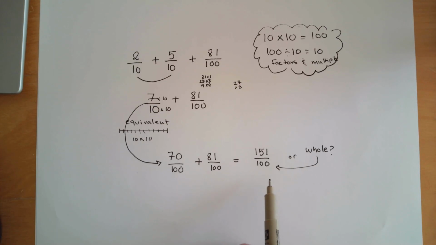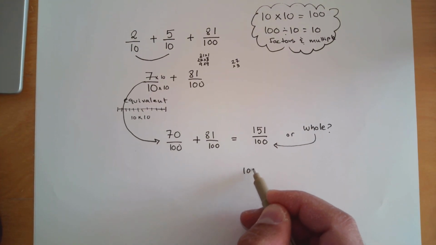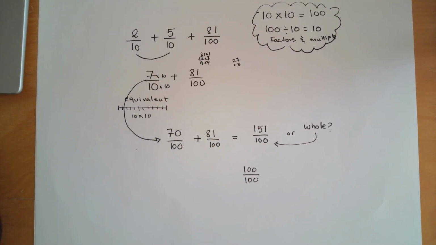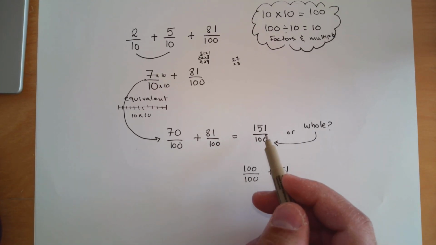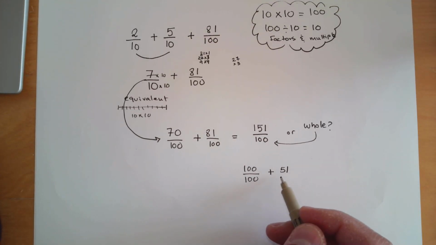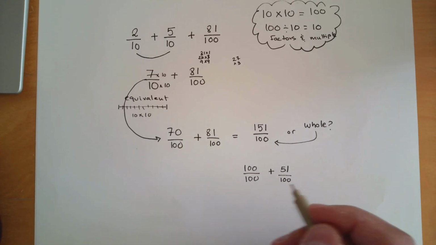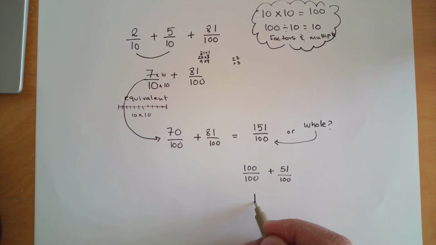The whole in this case is made of 100 pieces. So I just need 100 pieces of the 100 to make up a whole, but still not change the quantity. 100 take away 100 from 151 leaves me with 51 pieces left. So 100 hundredths gives me a whole, and 51 pieces of 100.